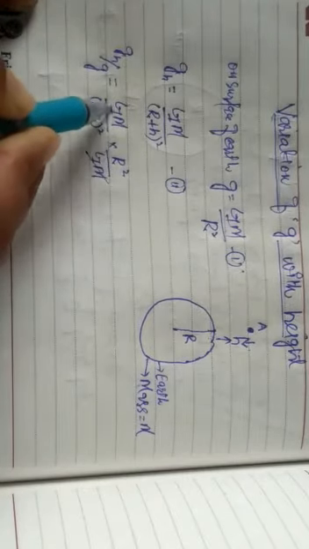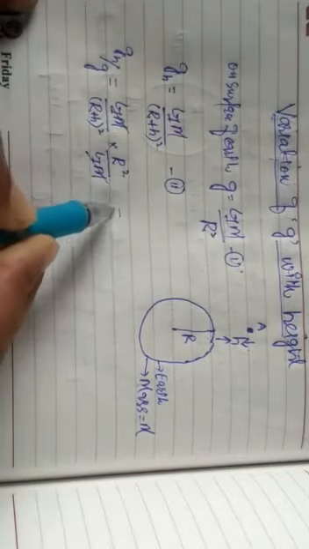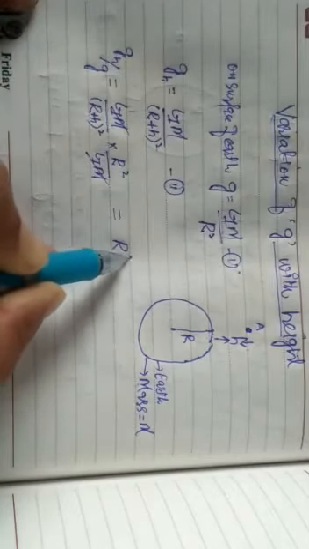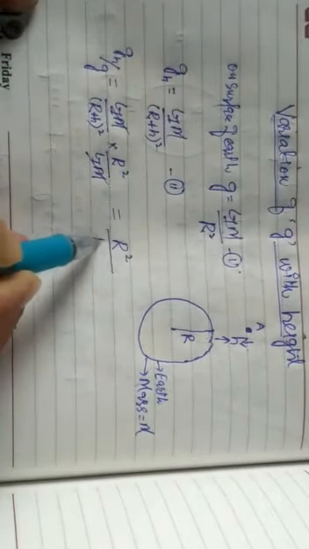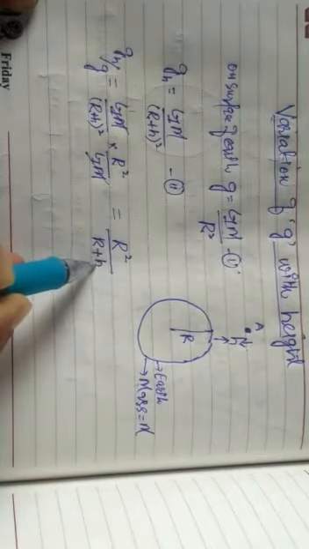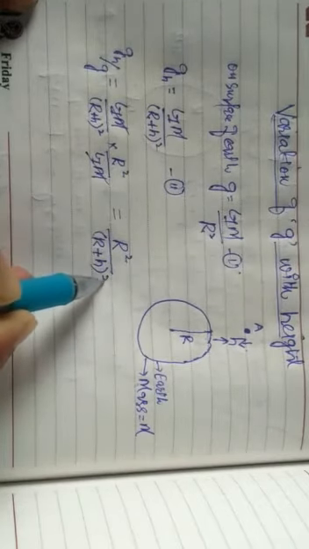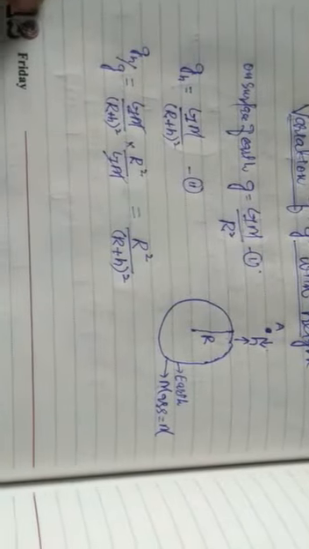This GM is going to cancel with this GM, and we will have R square over R plus h whole square. This is gh by g.